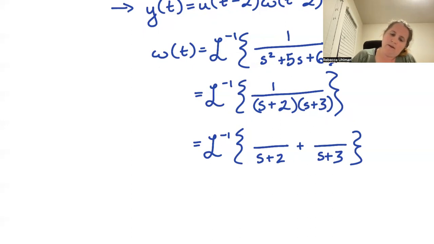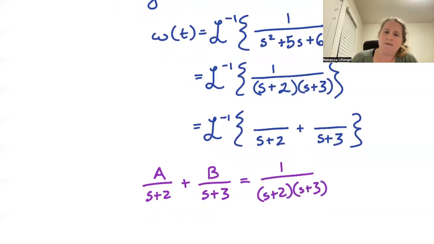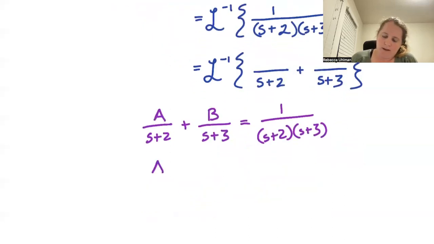Solving those quickly on the side, we have a over s plus 2 plus b over s plus 3 equals 1 over s plus 2 times s plus 3. That becomes a times s plus 3 plus b times s plus 2 is equal to 1.